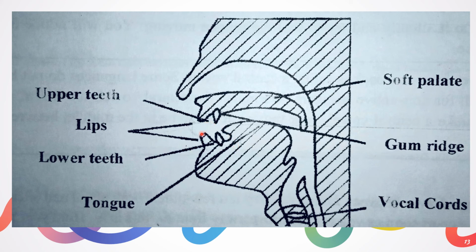Outside the mouth, we have the lips, right? Look at this. Here we have the soft palate. And behind the upper teeth, we have the gum ridge. At the bottom of this picture, right here, we have the vocal cords.